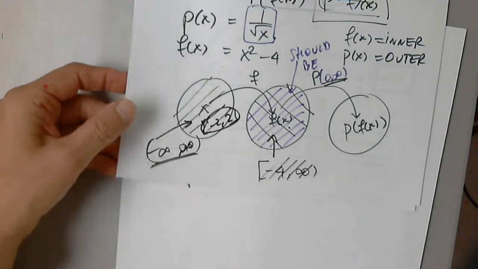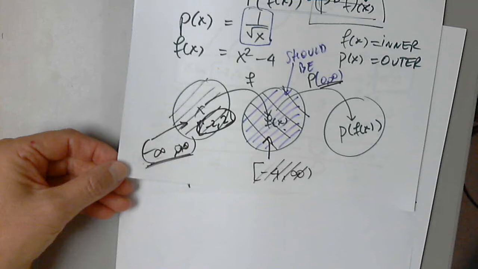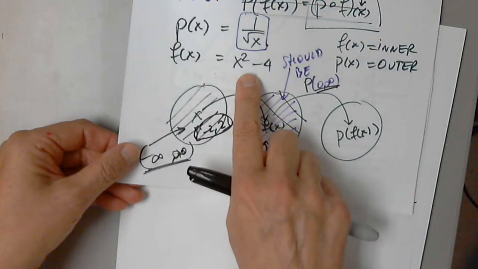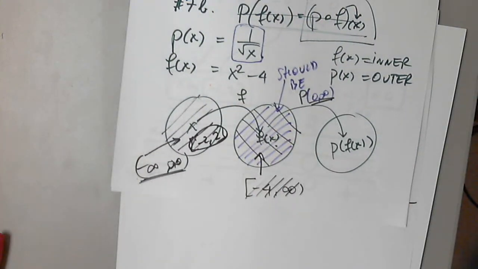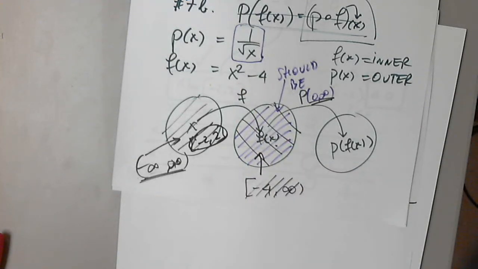I do not consider this a trivial type of problem. Yes, please. How do we get -4 to infinity? The range of this function. This is x squared minus 4, from -4 to infinity. Is there any way to calculate this? You need to know that, but I can show you on the graphing calculator. The transformation on x squared.